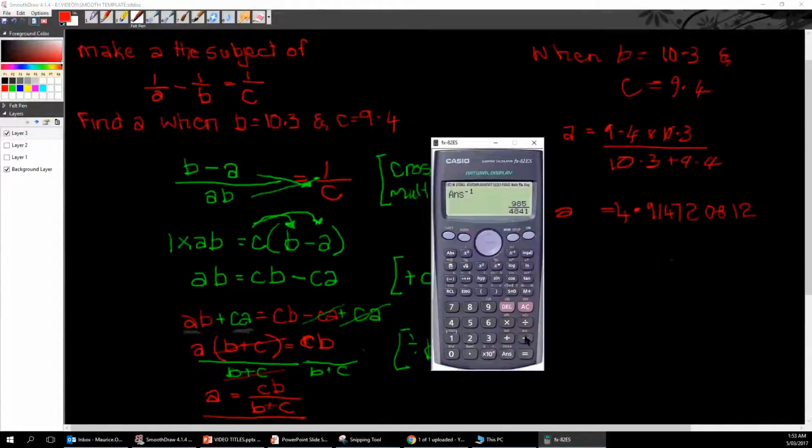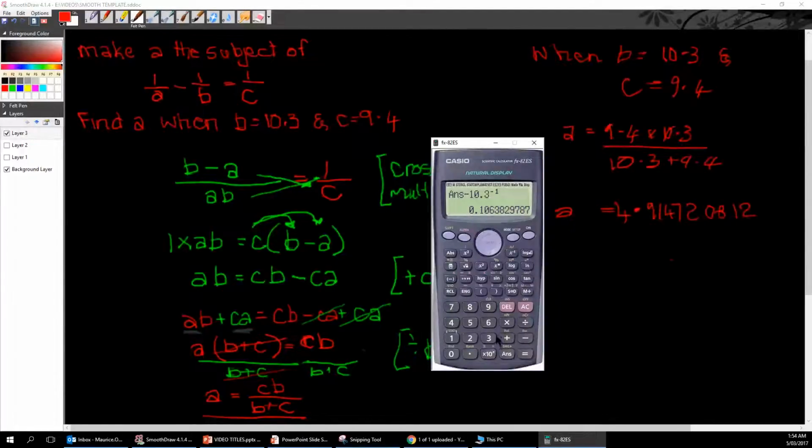And then I'm going to go minus b, which is 10.3, x to the negative 1. Okay, equals, and that's going to be 0.106382987.